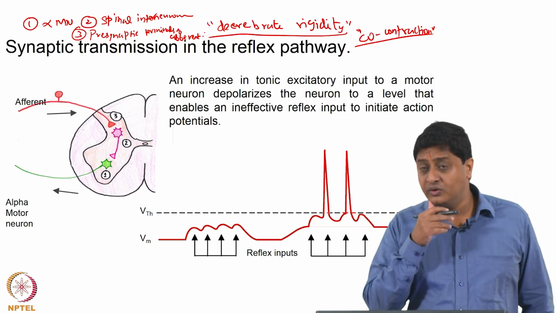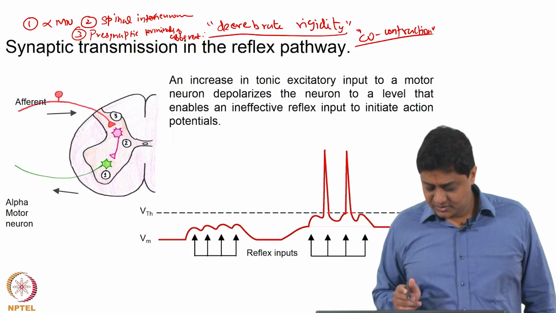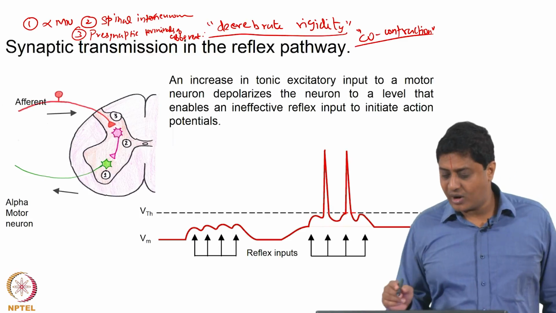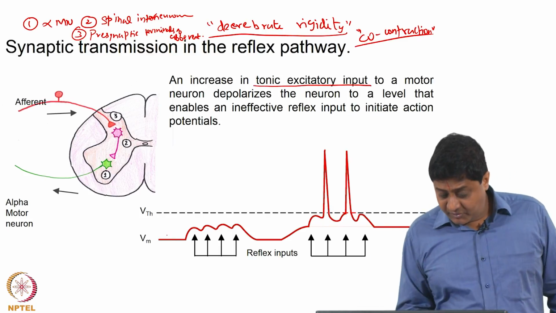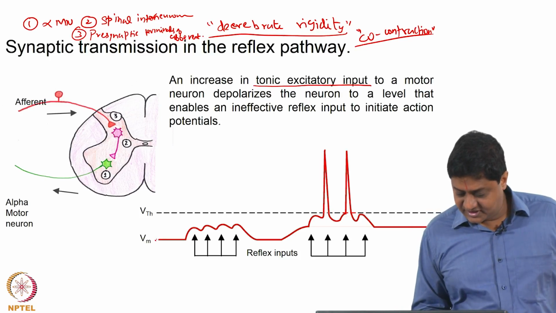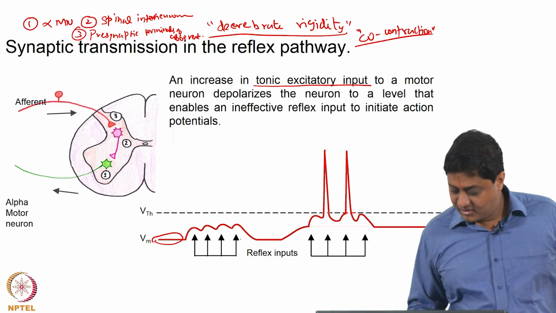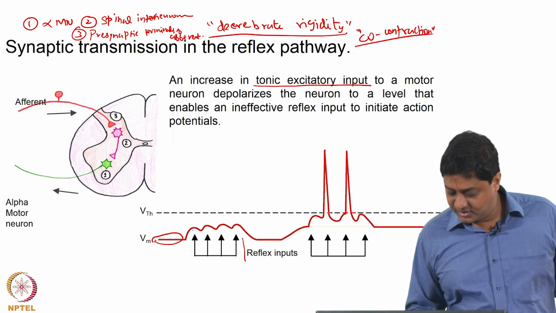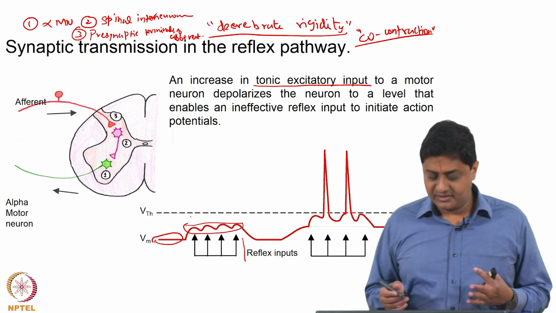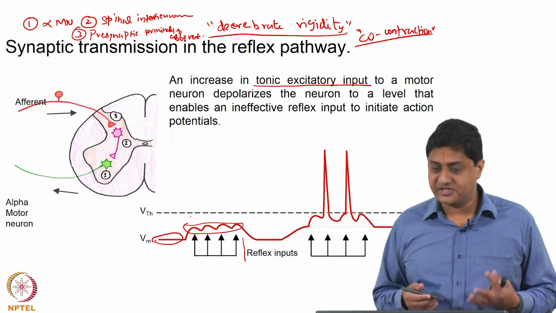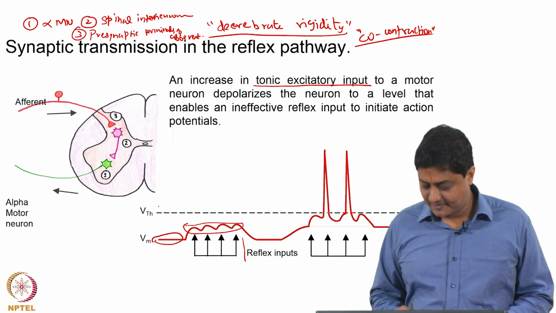Now, I could change the response to a reflex by modifying the tonic excitatory state. If the tonic membrane potential, the tonic excitatory state, is at that level, for a given reflex amplitude it is going to take the membrane to that level, and there is going to be no response or a response depending on what the threshold is.